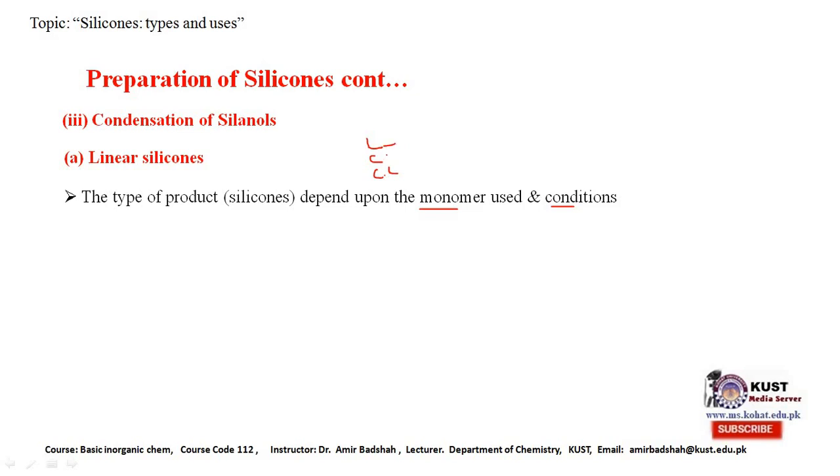How we can get this one, how we can get this one, and how we can get this one depends not only on the structure of the monomer that we use but also on the conditions. For example, linear silicone is obtained from dihydroxy silane, and by condensation of that we get the linear silicone.